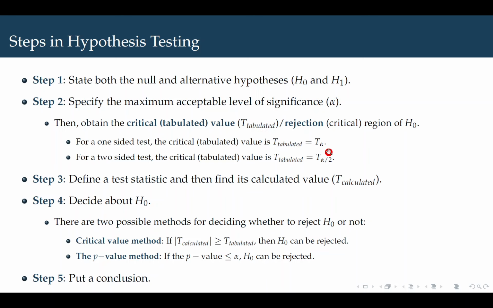This is actually T alpha for a one-sided test and T alpha over 2 for a two-sided test. Next, we need to compare these tabulated and calculated values of the test statistic to make a decision about H naught. If the absolute value of the calculated test statistic is greater than or equal to that of the tabulated value, H naught can be rejected. And finally, we are going to have a conclusion.